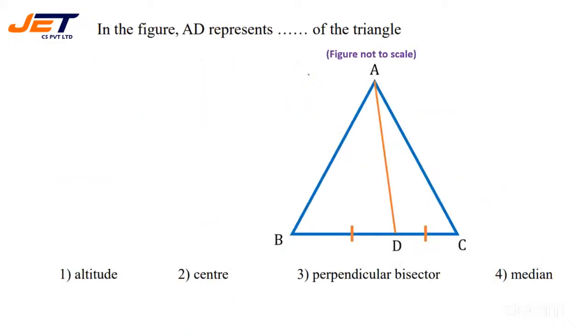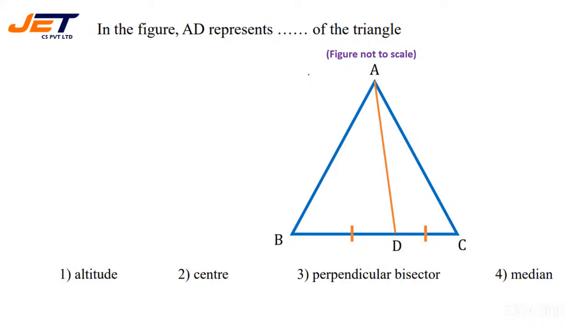Yes, see here in the figure AD represents dash of the triangle. What is AD? So for that you must know what these terms are, right? So here you have four options: altitude, centroid, perpendicular bisector, then median.